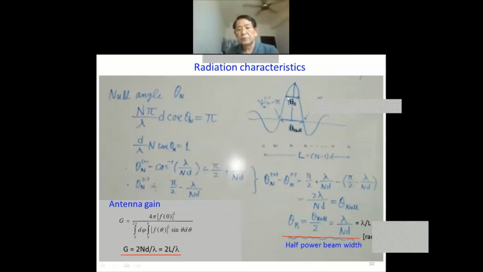The beam width, the sharpness of the beam, is expressed by lambda divided by total array length. So the unit is radian.